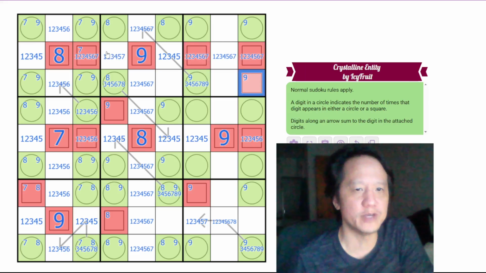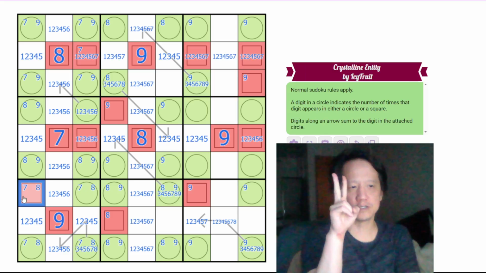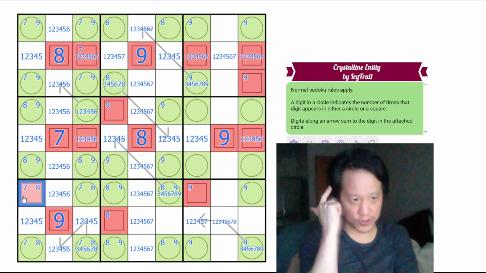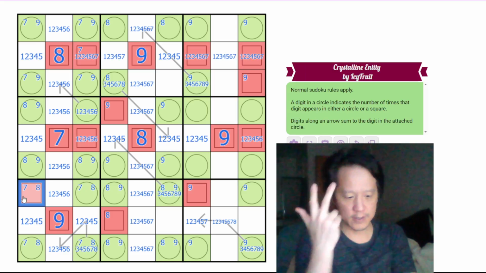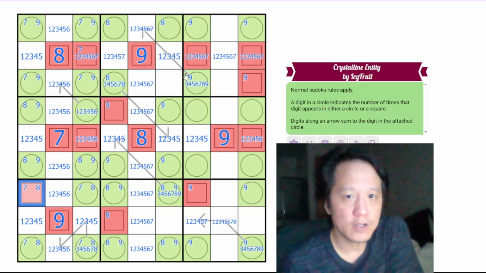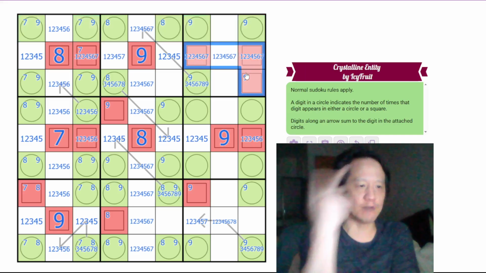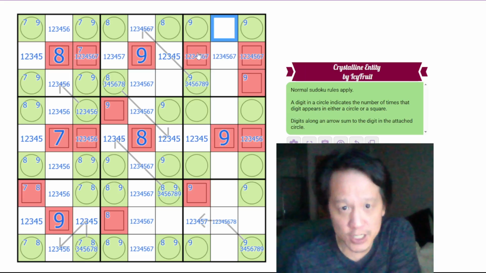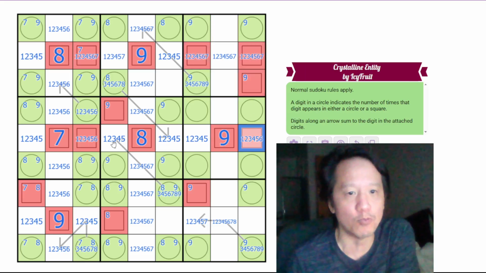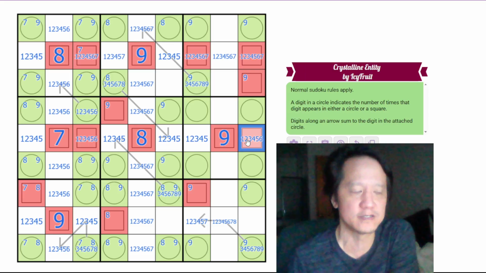So that could still be 8, right? 1, 2, 3, 4, 5, 6, 7, 8. And that would satisfy for 2 digits. And that's the same for 3 digits, right? You're still missing this digit here as a third digit. If you have 3 digits not within circles, this digit cannot be in these cells, and one of these has to be a 6.